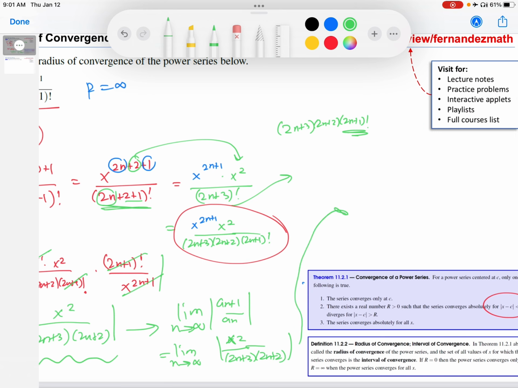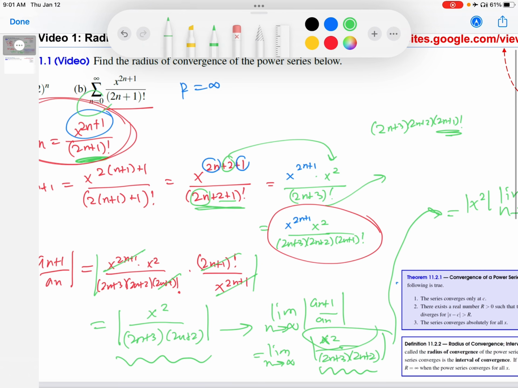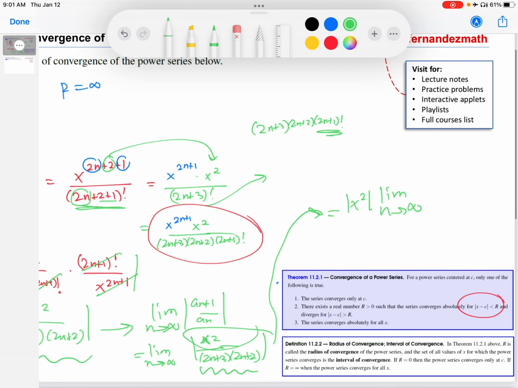And notice then that the absolute value of x squared comes out. The thing that's left has 2n plus 3, 2n plus 2, and n starts at 0, so that's all positive, we don't need the absolute values. And then, because n goes to infinity and the only n's are in the denominator, and it's just a quadratic function of n, this limit is 0.